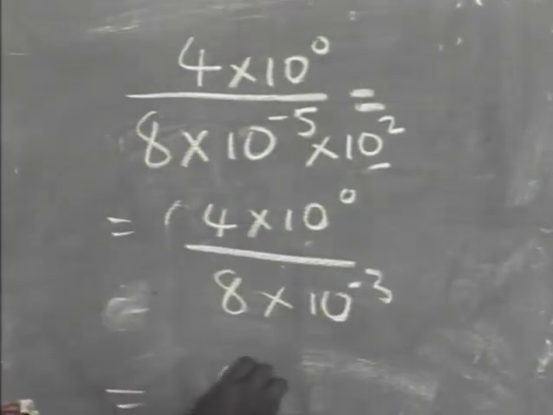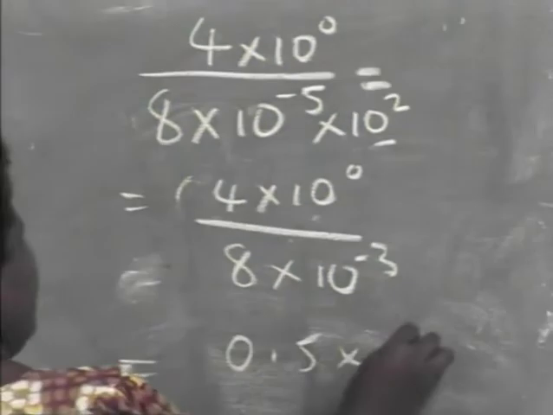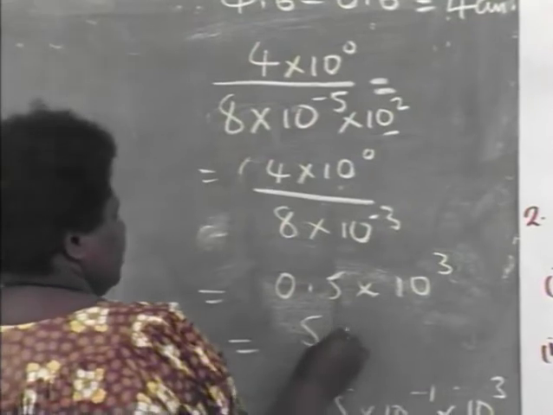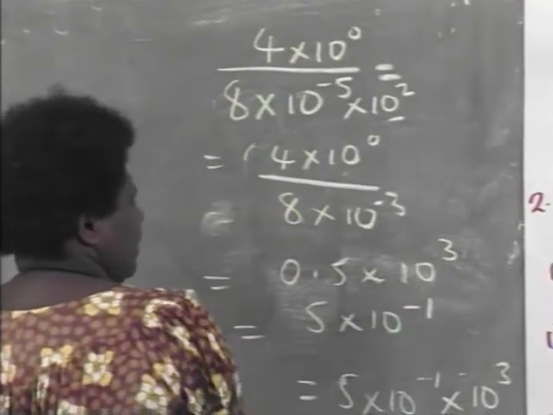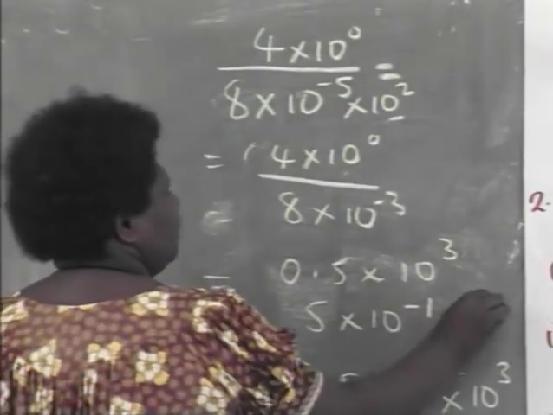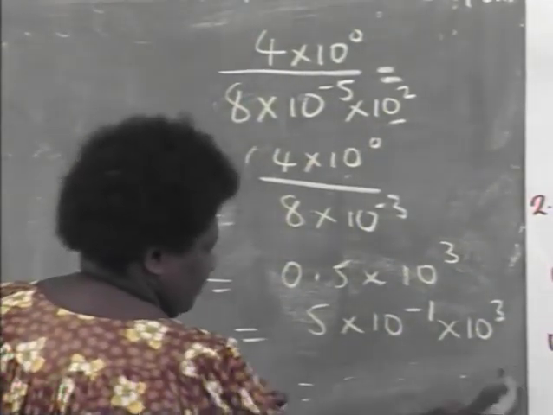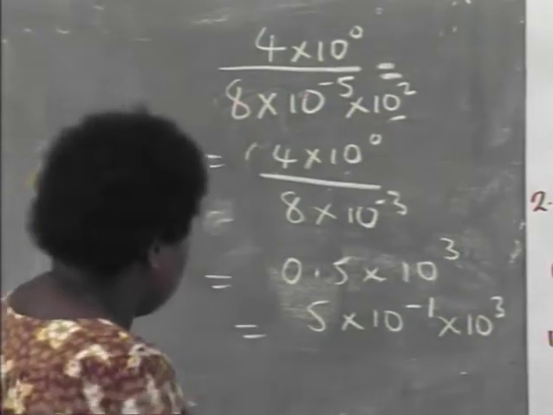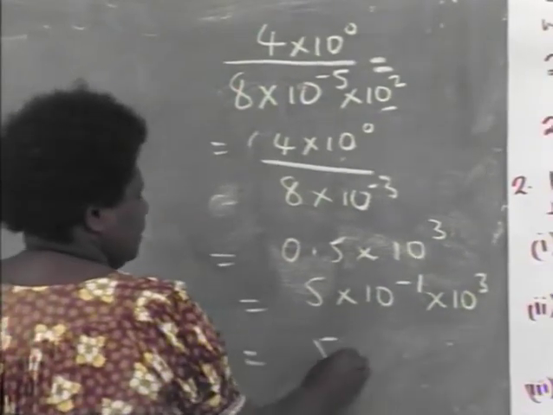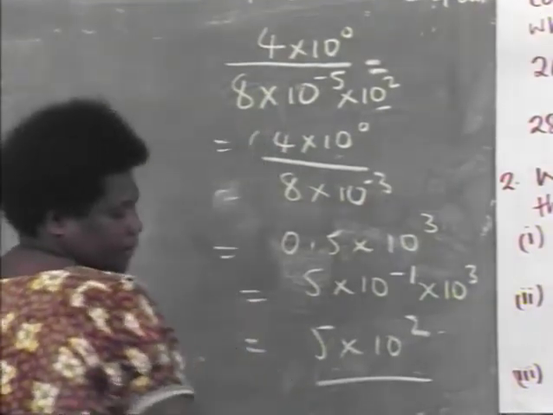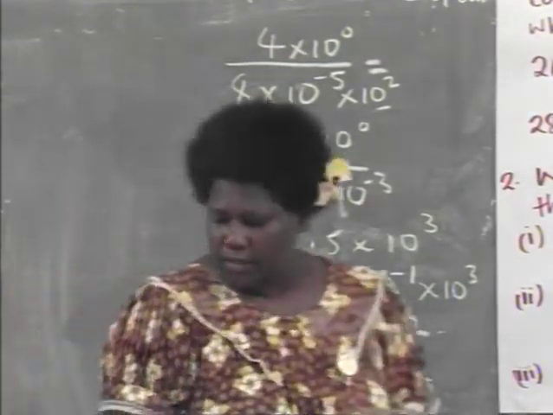Okay, that's better. 0.5 times 10 to the power of 3, which is 5 times 10 to the power of negative 1 times 10 to the power of 3. Five times 10 to the power of 2, which is 500. So 500 pages.